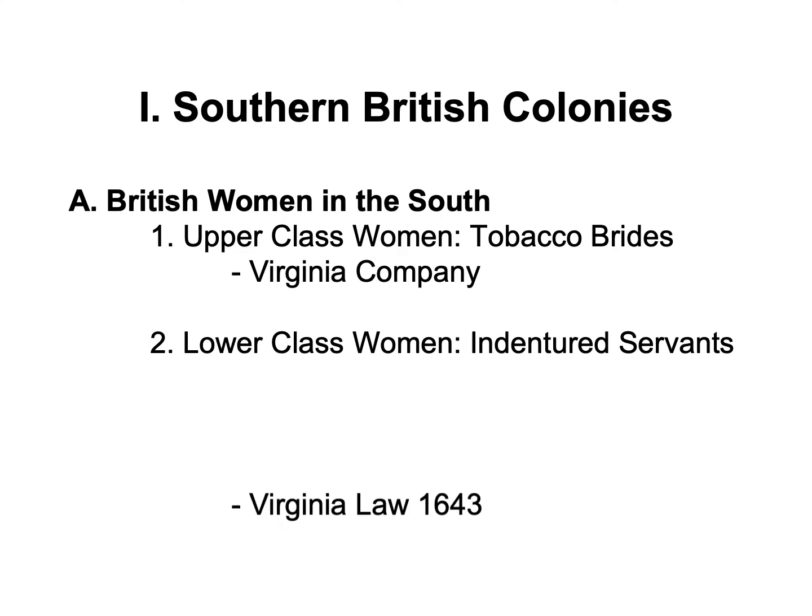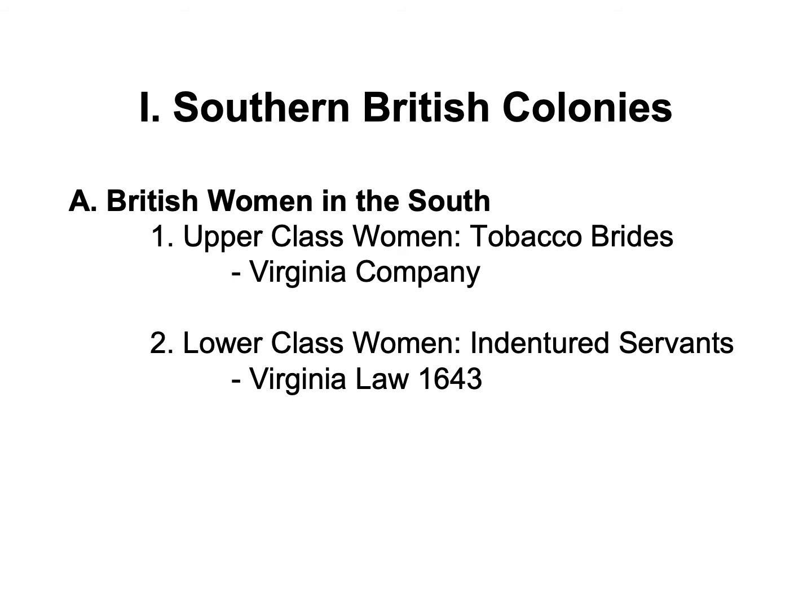But what we see is the Virginia law of 1643 changes who becomes the lower class, and also it changes the role of the indentured servant woman, because with this law, there was a tax put on the labor of African slave women, putting them in the same category as a paid male.